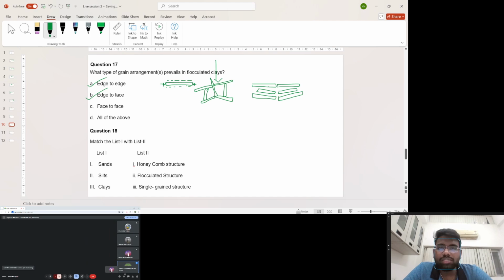So what type of arrangement is this? Here the net electrostatic interaction is repulsion, right? So here you will have a face to face arrangement.